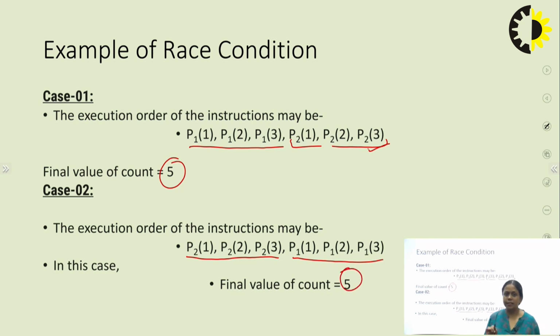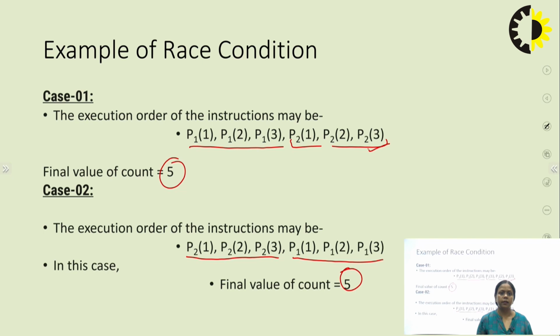So we can see that the value of count will not change if the processes execute sequentially, but that is not practically possible. There is a concept of context switching in our system, where some instructions are executed by the CPU and then it context switches to another process. So there is a possibility of other sequences of execution.